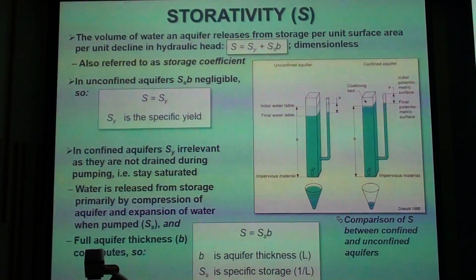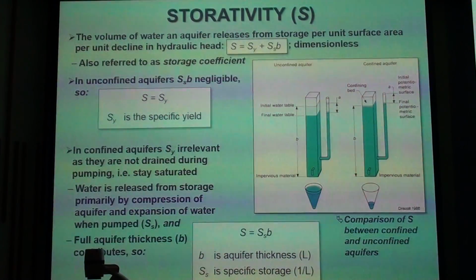Here you can drop the piezometric surface in your well by pumping by a metre, but you can see here you only get a little tiny drop in the surface itself, in the real one, and you only get a tiny little bit of water coming out of there, okay, so that storativity is a very different thing depending on whether you're dealing with confined or unconfined aquifers, so just be aware of that as well.